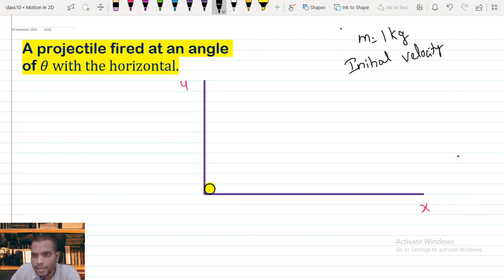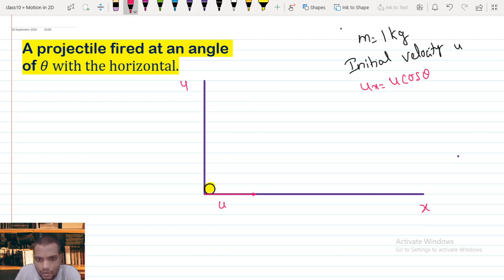Initial velocity u. Since it's two-dimensional, the initial velocity is resolved into two components. This is the horizontal component, u cos theta, which is u suffix x.